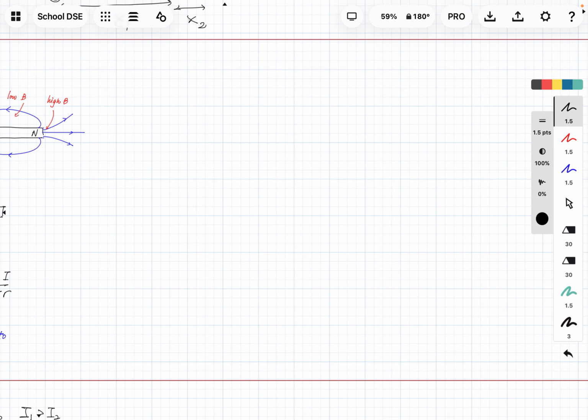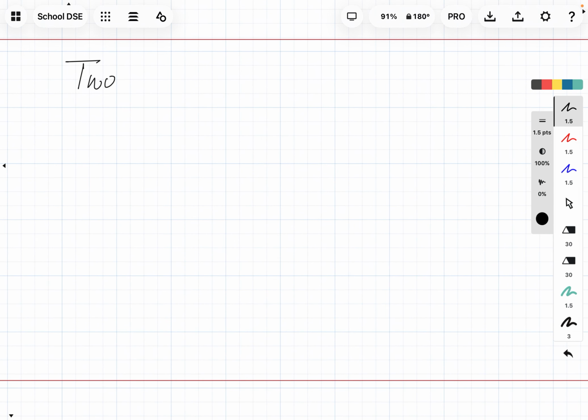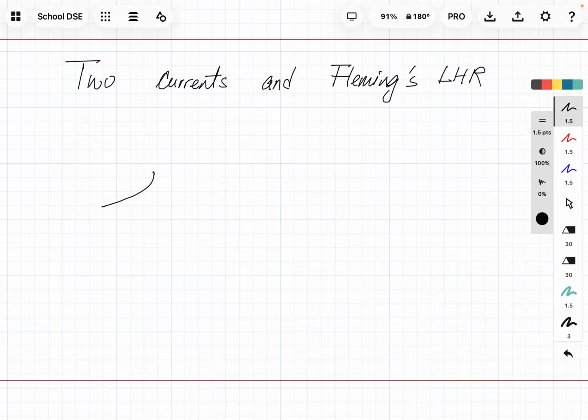Then, do we need to know the explanation why at the end of the solenoid the B field is basically B over 2? No need, you don't need it. I don't recall that it appears in the exam, but you kind of need to know that inside the solenoid is this one.